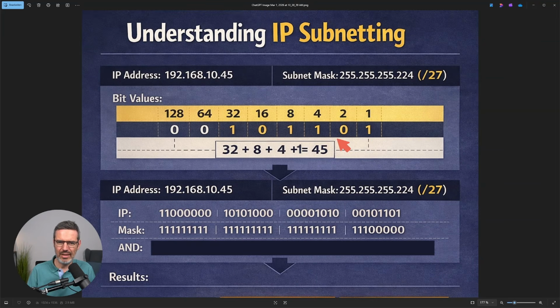So if you have the 1 here, the 4, the 8, and the 32, you add these together and you end up with 45. That's how you can build your IP address.